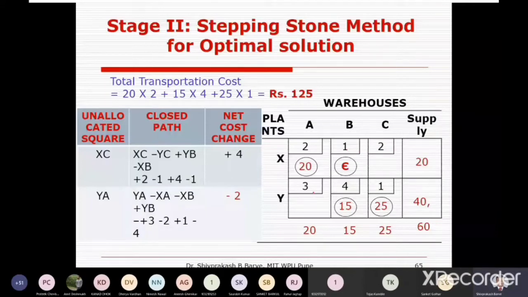Checking these cost figures, 1 is the minimum compared to 2 and 3. We want to allocate epsilon here to satisfy the feasibility condition, treating it as one more allocation, and I have to check that if I add epsilon here, whether it helps the remaining unallocated cells make a closed loop.